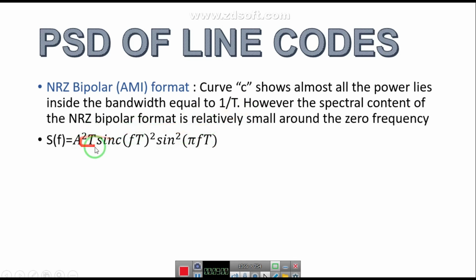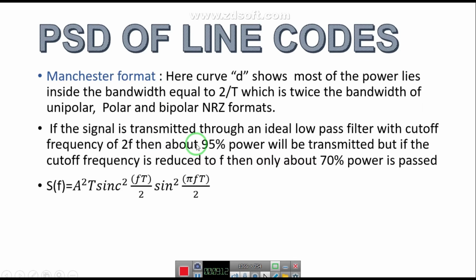This is the equation, PSD of AMI is equal to A square into T sinc square of fT into sine square of pi fT, and this is the Manchester format. And this is the equation for the Manchester format, that is A square into T sinc square of fT by 2 into sine square of pi fT by 2.